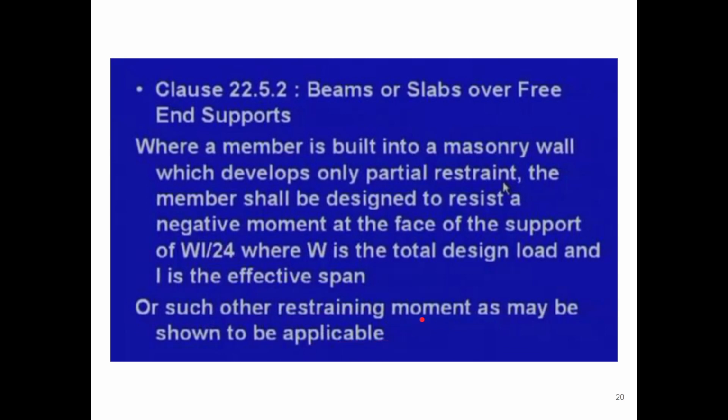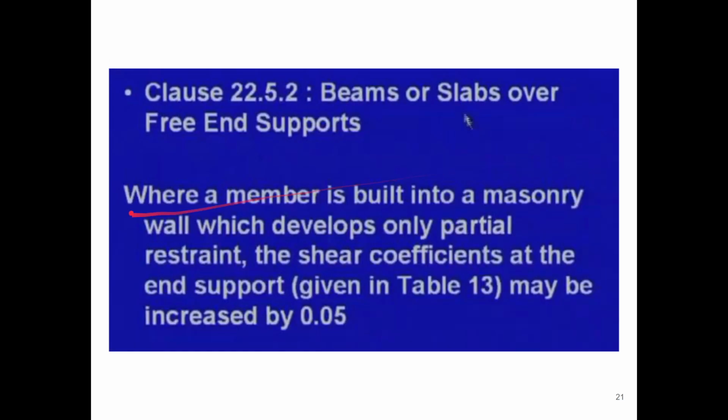If we somehow know what the restraining moment will be, we can apply that also. If we don't know, we take the coefficient of 1 by 24 and multiply by W into L. That is the case for beams or slabs over free end supports like a masonry wall.